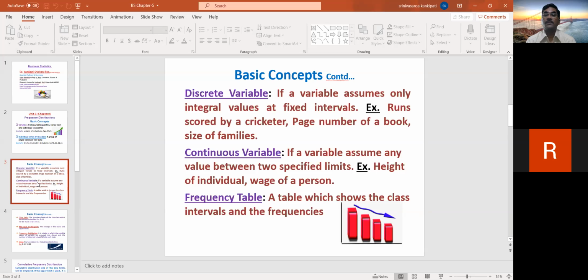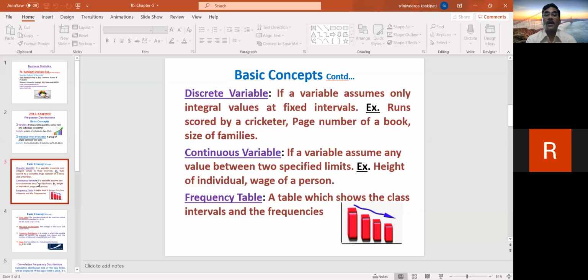Inclusive, as I told you in the previous class, means 0 to 9, then 10 to 19, like that. In that case, 0 will be included in that group, and 9 also will be taken, and in between 1, 2, 3, 4, 5, 6, 7, 8, 9 will be recorded in that particular group.